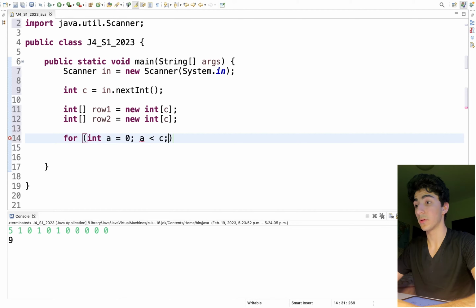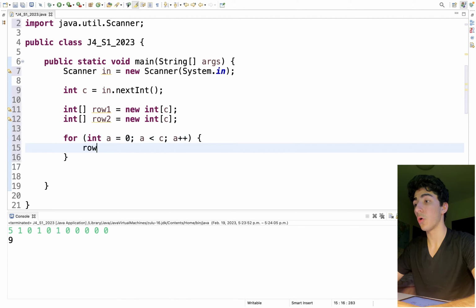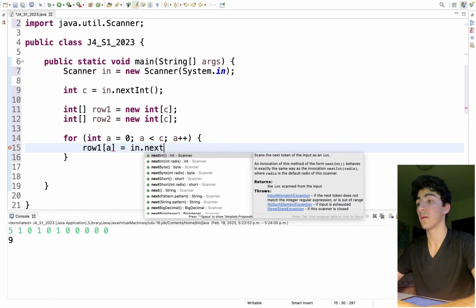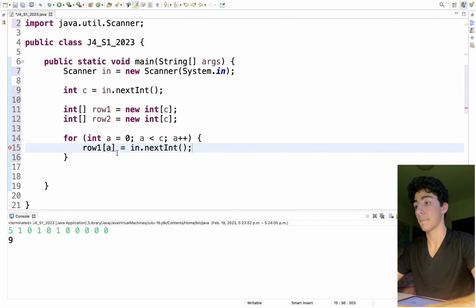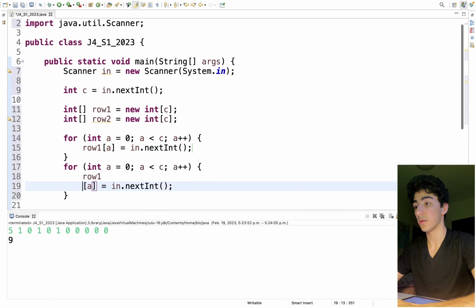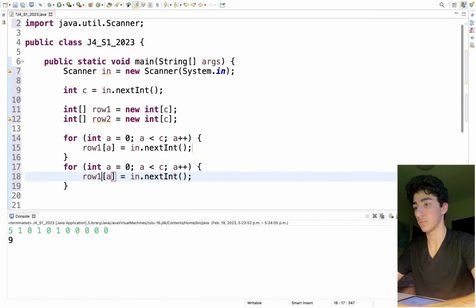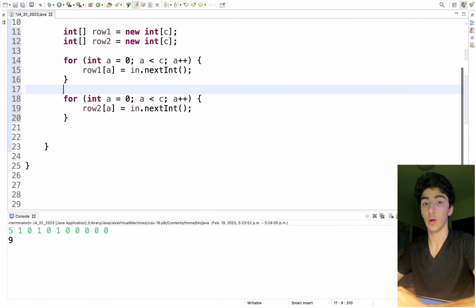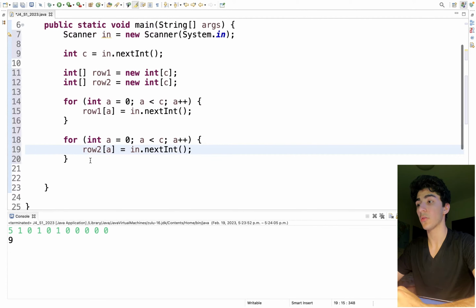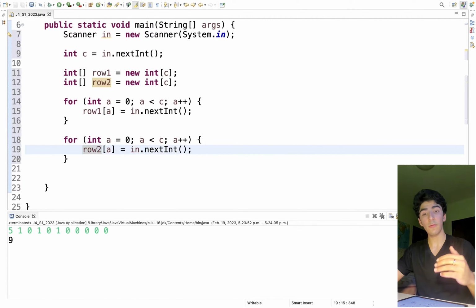So it will go up to C, A++, row1 at index A will be equal to in.nextInt. And we can just copy paste this for the second row. Awesome. So now we've stored that.